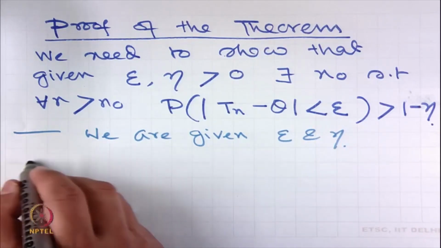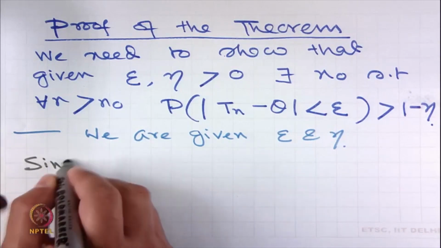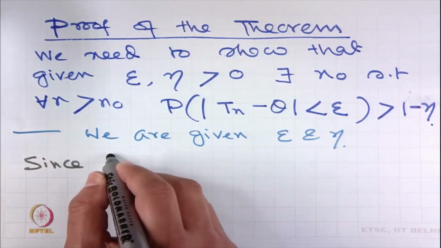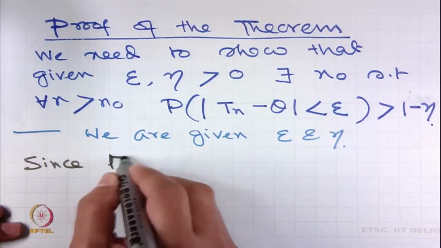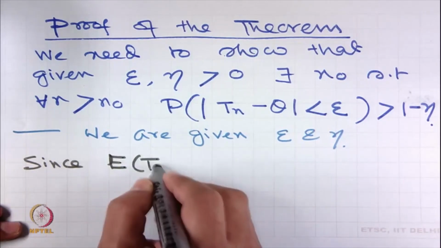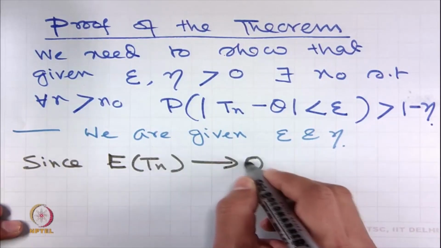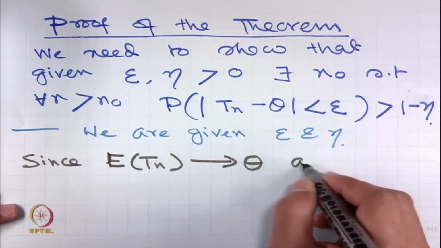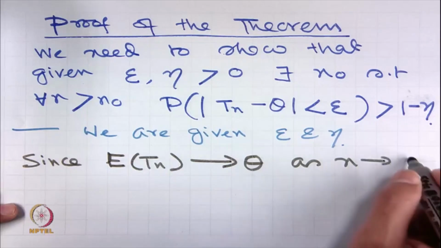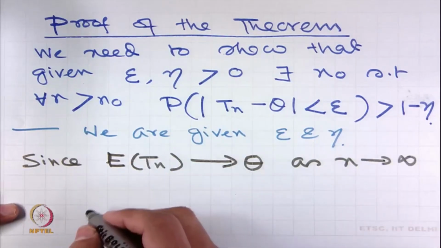First thing that is given is expected value of T n converges to theta as n goes to infinity.